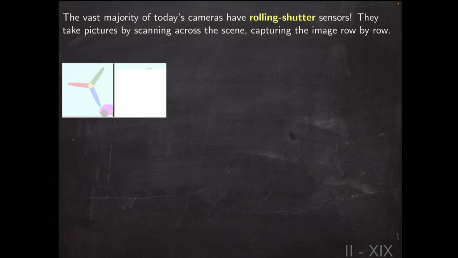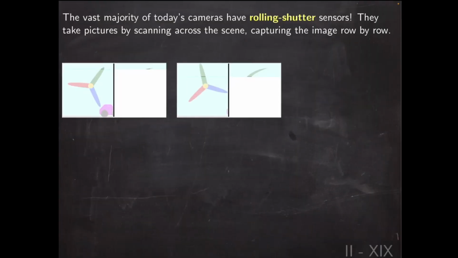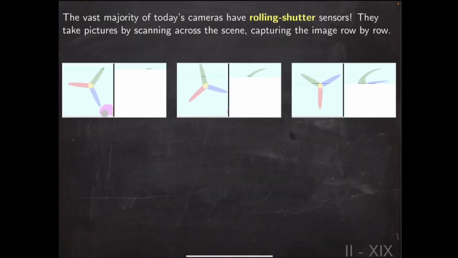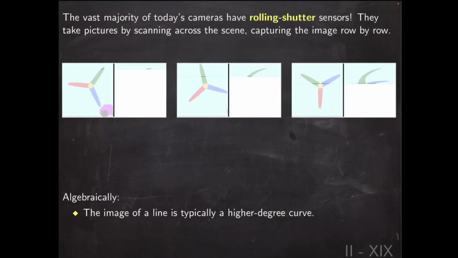Rolling shutters scan across the scene in a very short amount of time, of course. But if you have objects that are fast, like in the scene here, when such a camera takes a picture of a moving scene with sufficiently fast movement, then it maps lines to curves of higher degree.